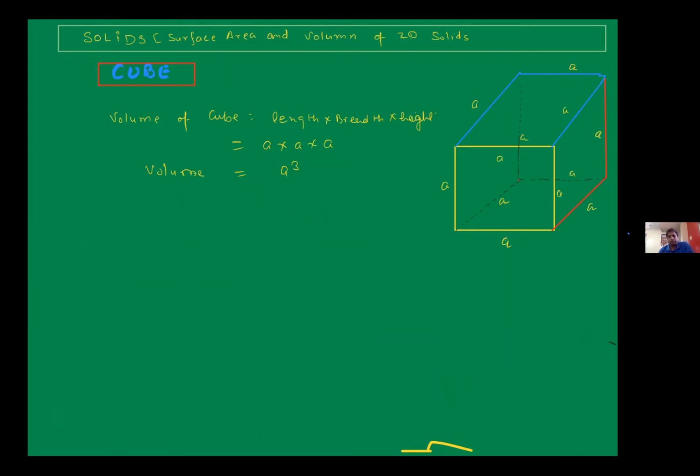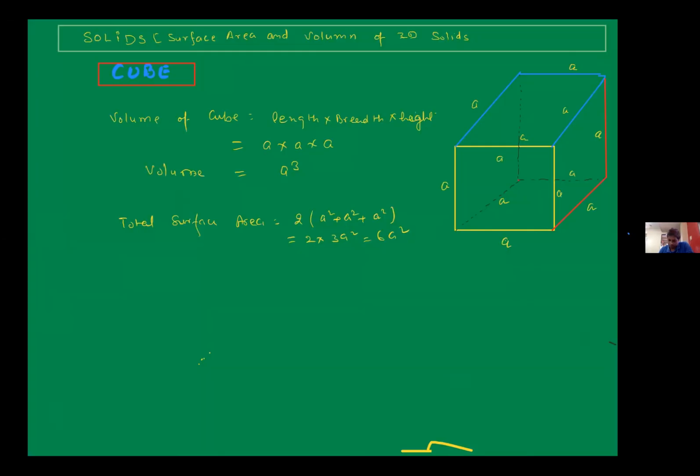Here L, B and H are the same. So it will be 2 times (A square plus A square plus A square), so 2 into 3A square equals 6A square. What will be the lateral surface area? The lateral surface area will be 4A square.